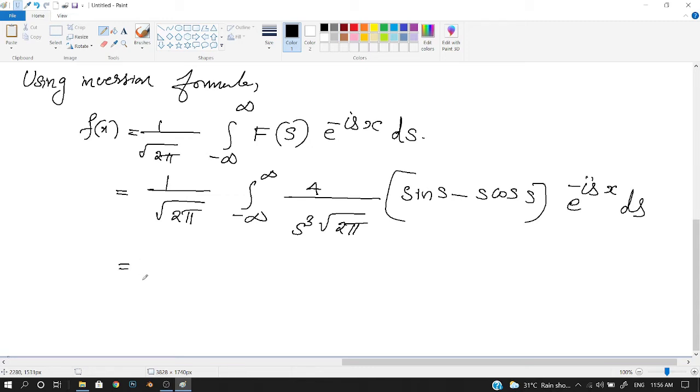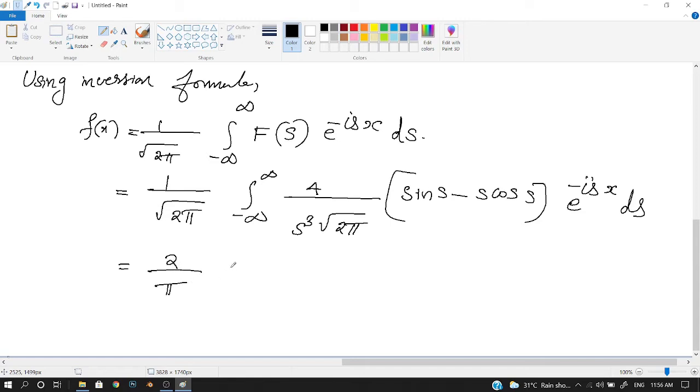Now that is equal to, here you can take these constants outside. So here you have a 4, here root 2 pi into root 2 pi, that is 2 pi, then 4 by 2 pi, that means 2 by pi.